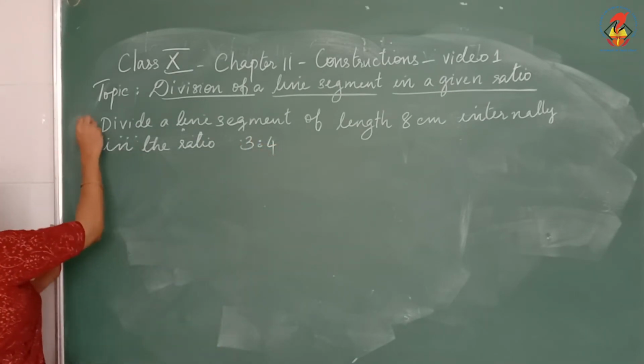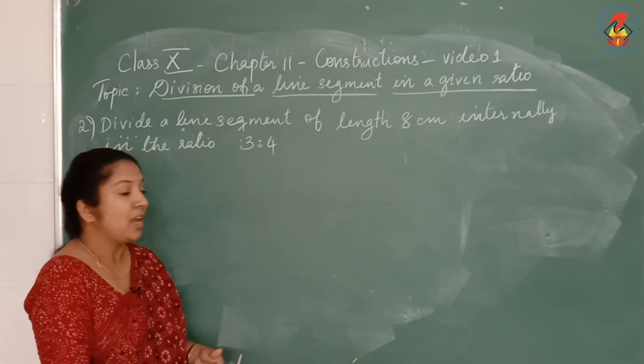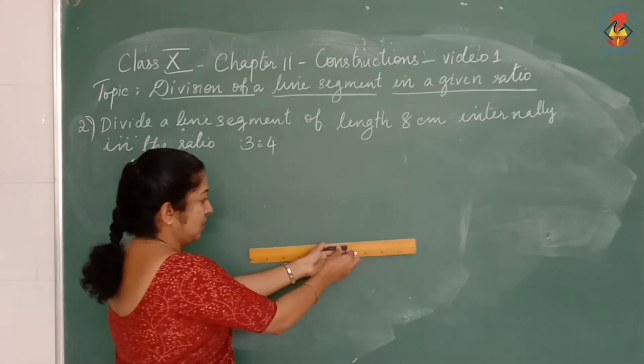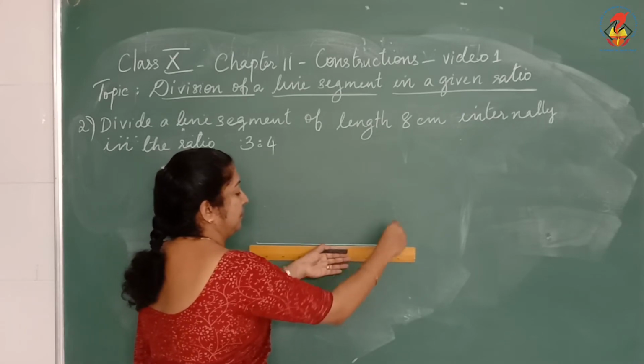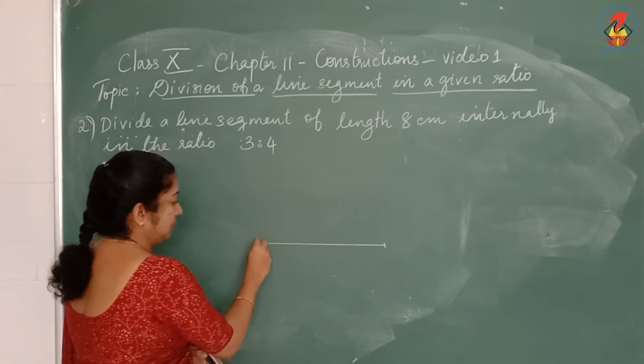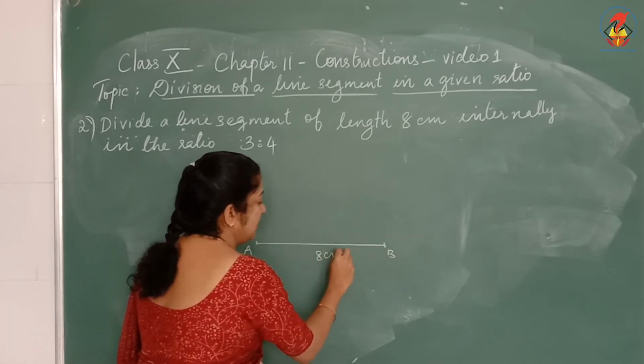This is the second question. So first we need a line segment of length 8 centimeter. AB of length 8 centimeter.